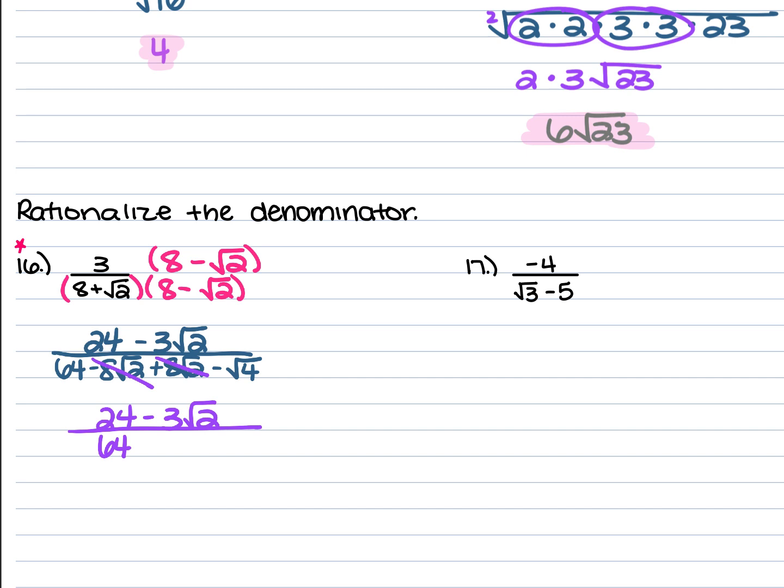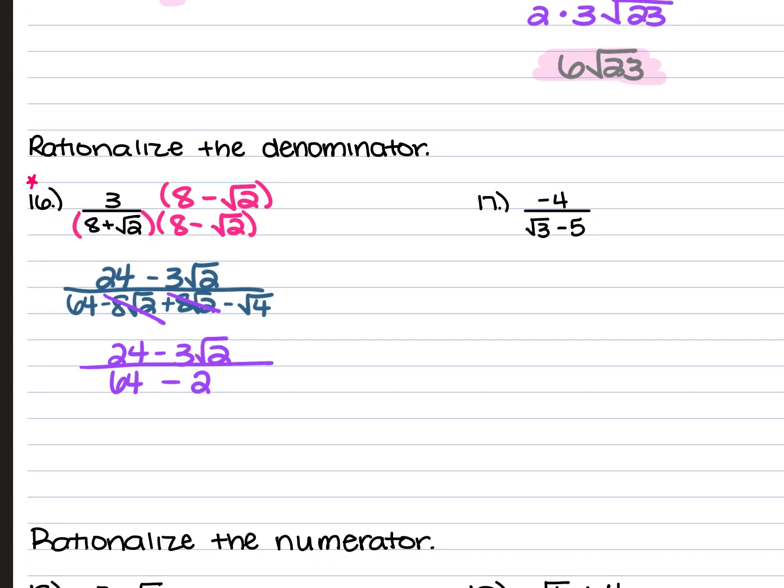From here, that square root of 4 is 2, so you're going to do minus 2. Now the only thing you have to do is simplify your denominator and then simplify the fraction if you can. Top is going to stay 24 minus 3 square root 2. Bottom, 64 minus 2 is 62. There are no common factors between 24, 3, and 62, so that is your answer.